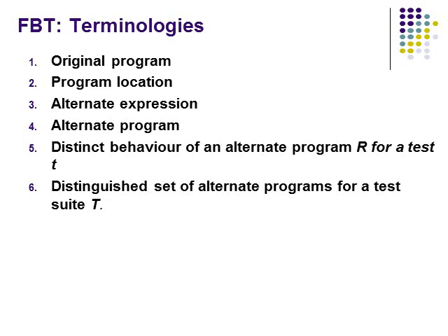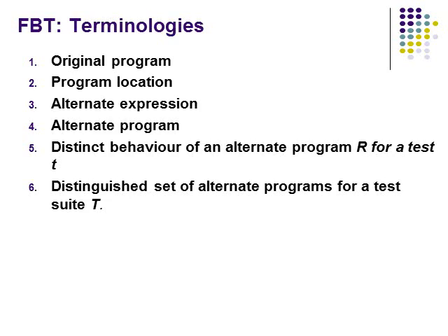Now we will see the fifth one, distinct behavior of an alternate program R for a test T. The behavior of an alternate program R is distinct from the behavior of the original program P for a test T if R and P produce a different result for T, or if the output of R is not defined for T.